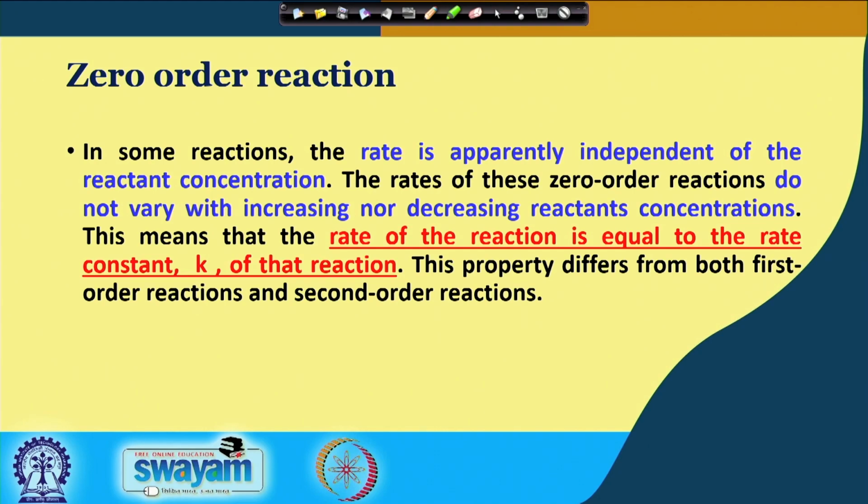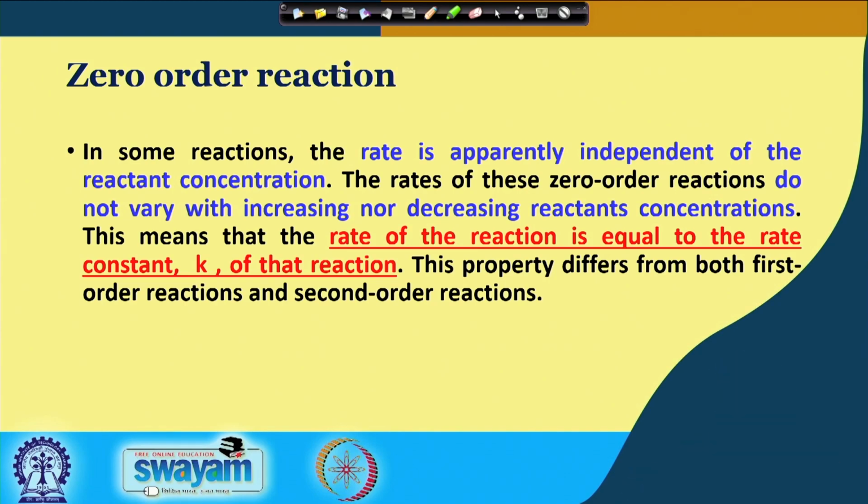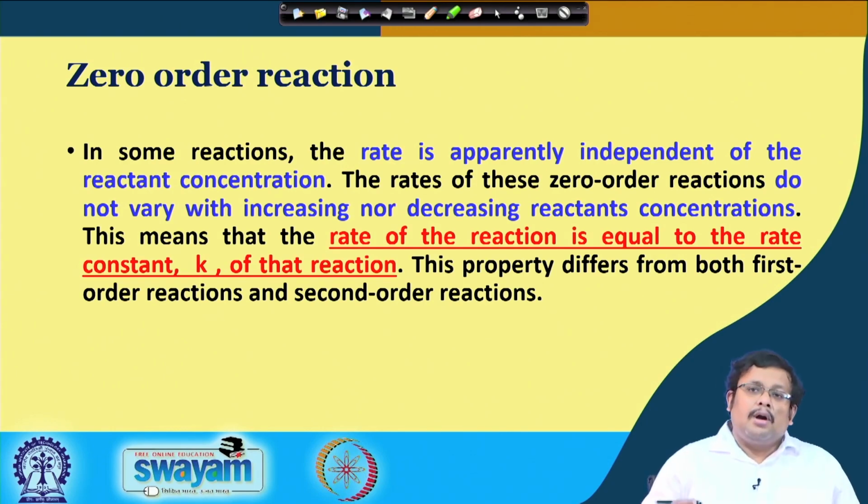So, again in the zero order reaction the rate is independent of the reactant concentration, it is constant, and so it does not depend on the decreasing reactant concentration or increasing reactant concentration. There are certain conditions to fulfill for a zero order reaction. We are going to talk about that.